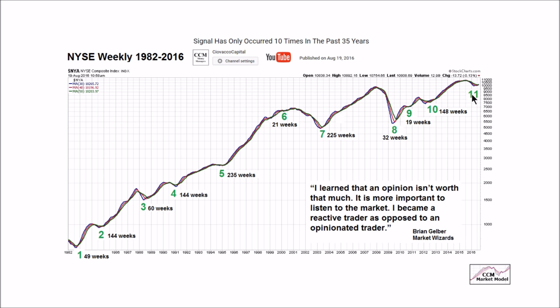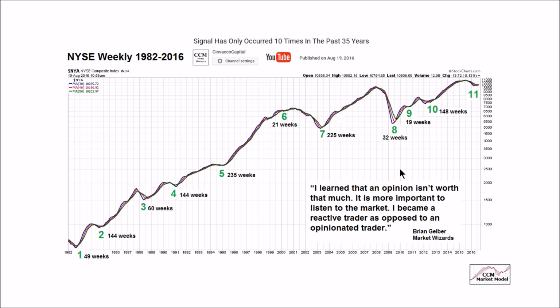How many weeks have we been rallying since August of 2016? The answer is 40 weeks, which means if the duration of the present day rally was similar to the duration of the 1995 rally, we have completed 17% of this move. And from a duration perspective in weeks, 83% of the move would still be in front of us.